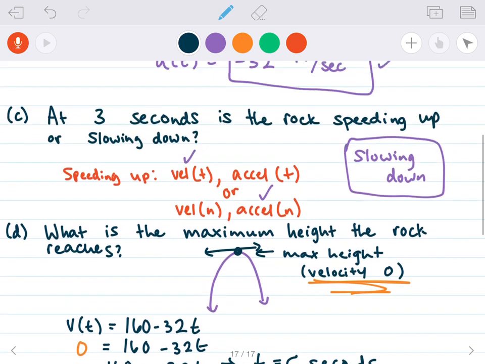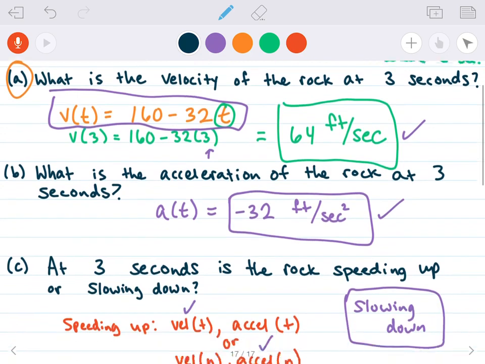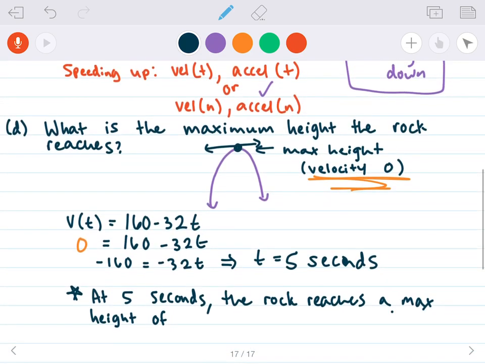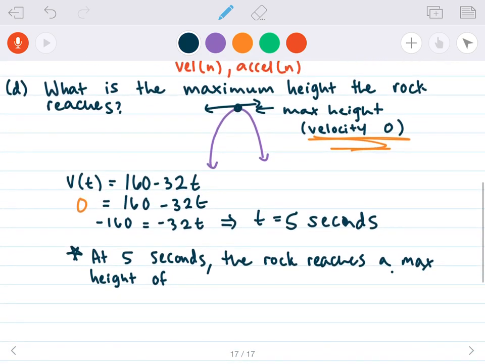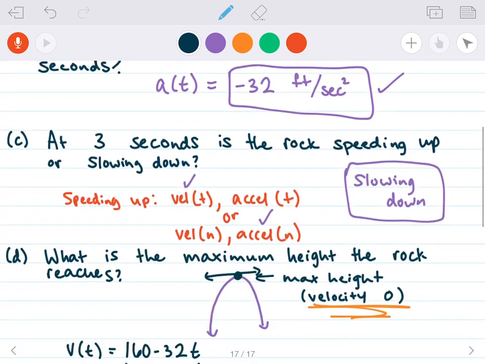Well, we go to the height function, the original position function that we were given here, and we plug in 5 for t to figure out what that height is. What was that function? 160t minus 16t squared.